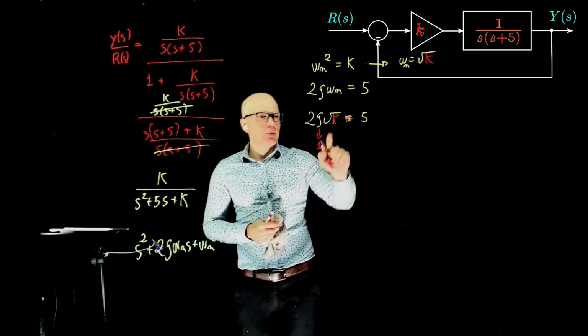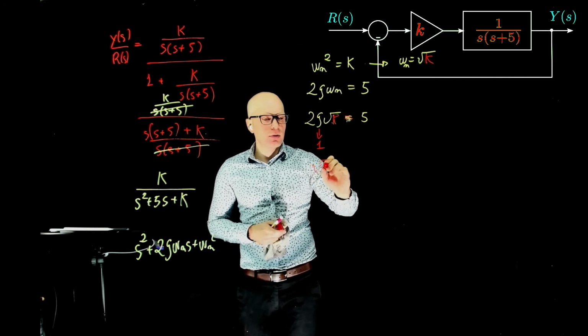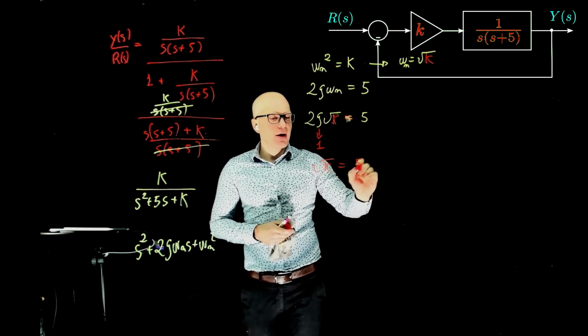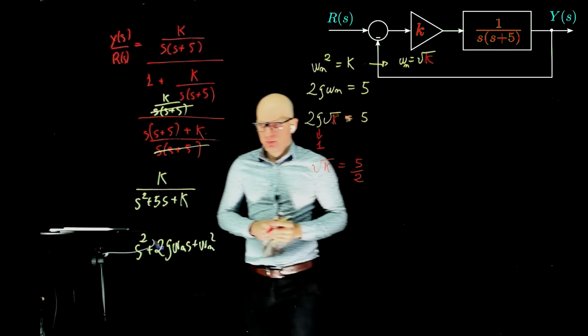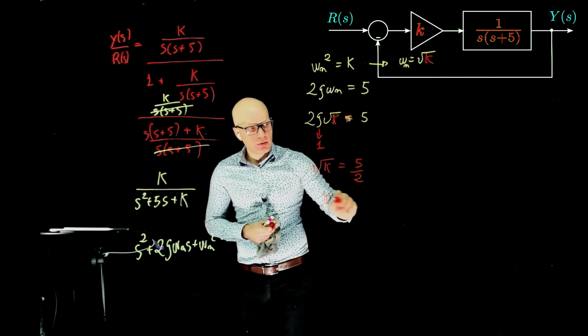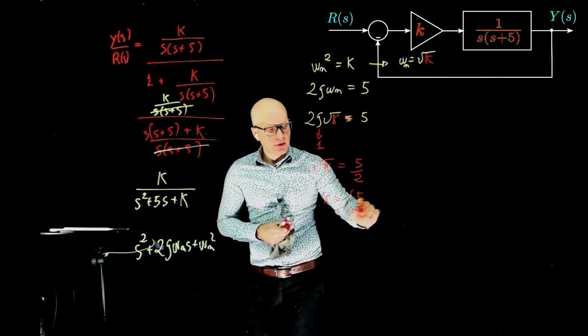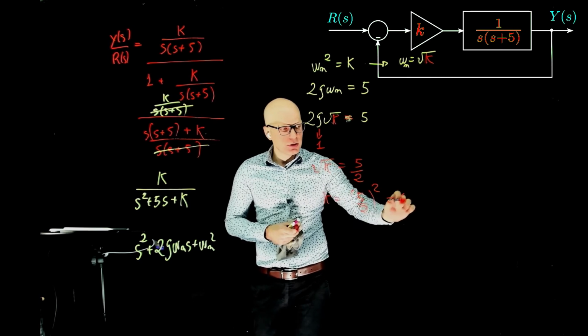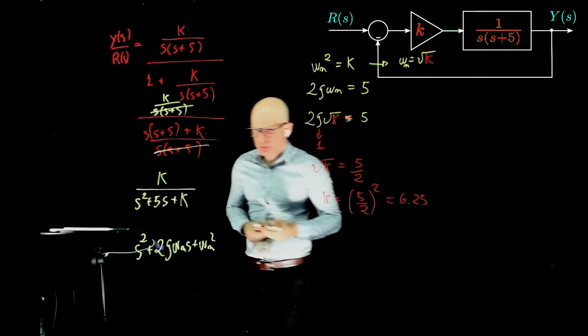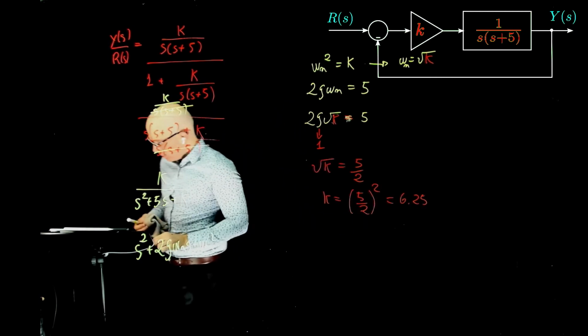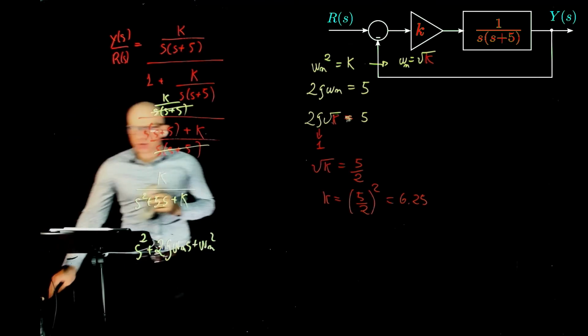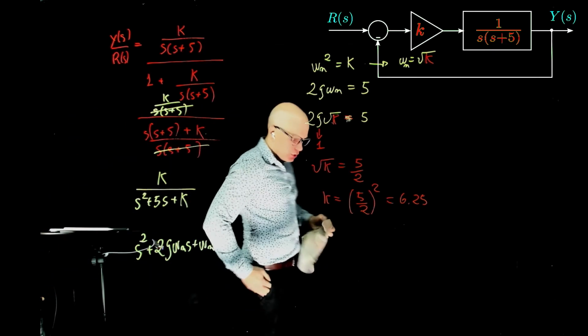We now have square root of k equals 5 over 2. K equals 5 over 2 squared, which is 6.25. So k equals 6.25 will give a damping ratio of 1.